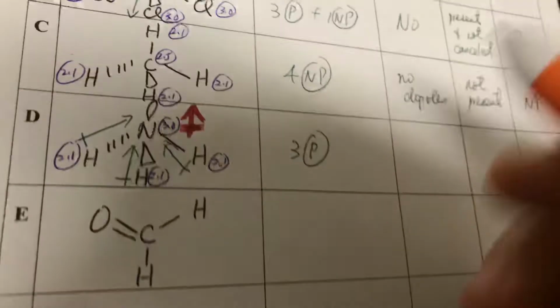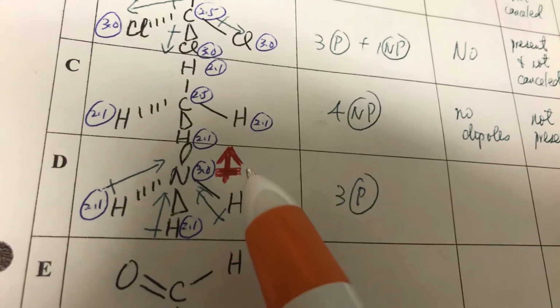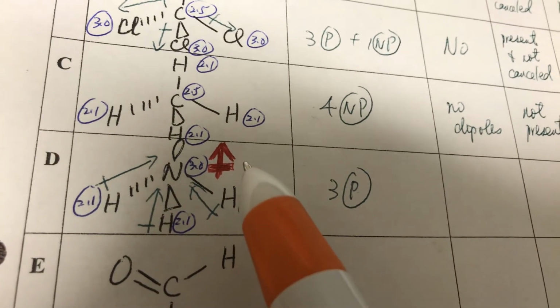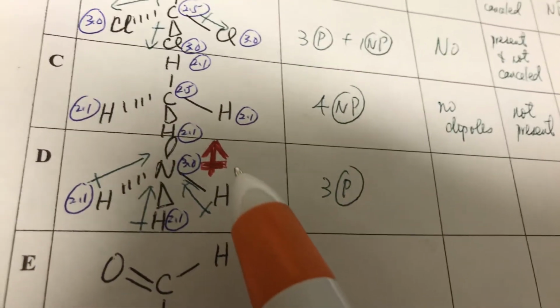So as a result, I have to draw a huge, thick net dipole moment. Because this goes up, this goes up, this goes up, eventually they will join in somewhere. I would not say combine because it's like a vector, but it's a net dipole moment.